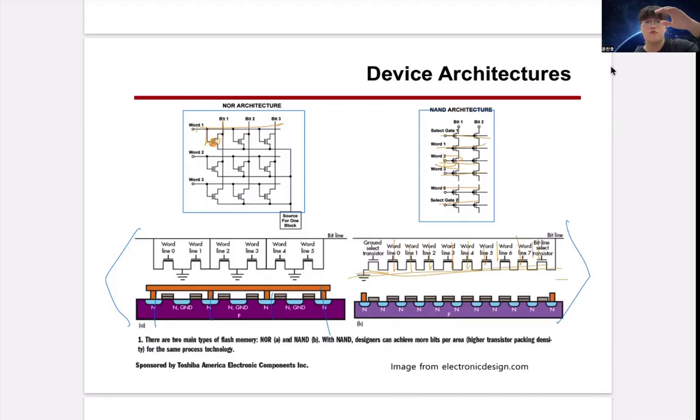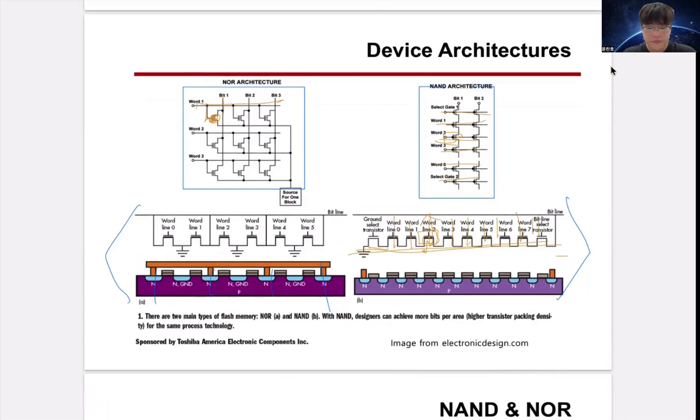Then to trap the data on word line 2, at that time we have to apply a powerful bias on word line 2, so the electrons can be trapped in the word line 2 floating gate. So this is how to store the data in NAND architecture.